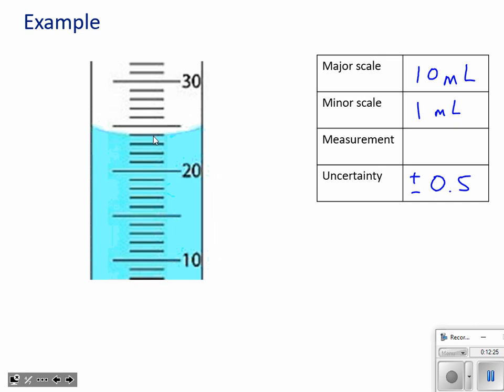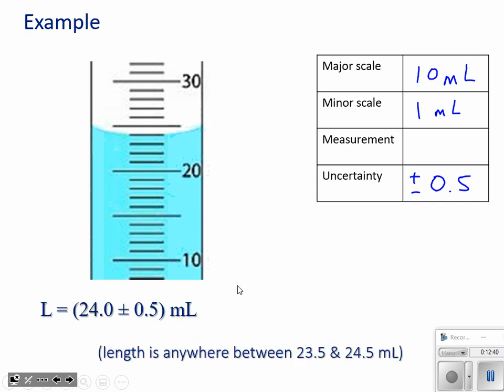All right. Now, let's throw in our uncertainty then, people. Our uncertainty, the plus or minus 0.5. So, are you anywhere in between 23.5 and 24.5? Is that what your reading is? Number one.